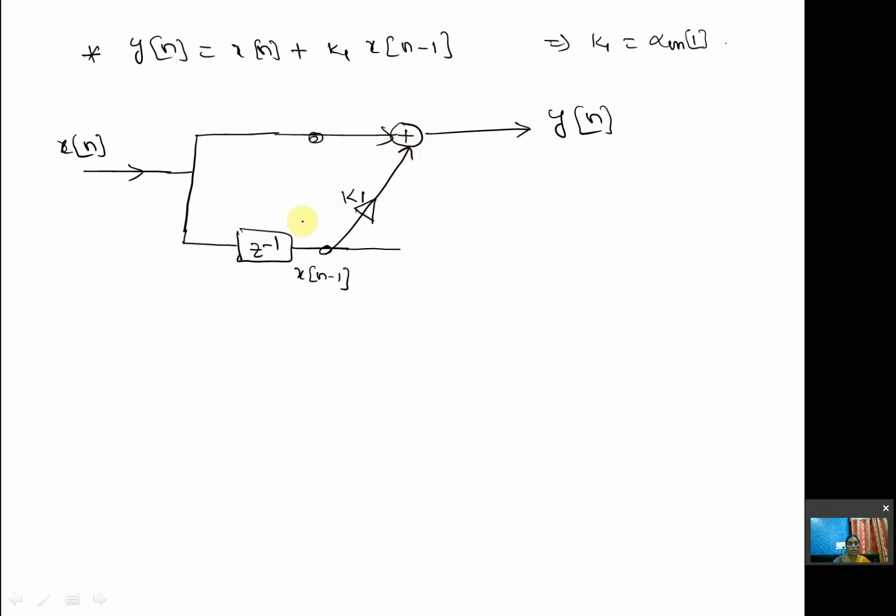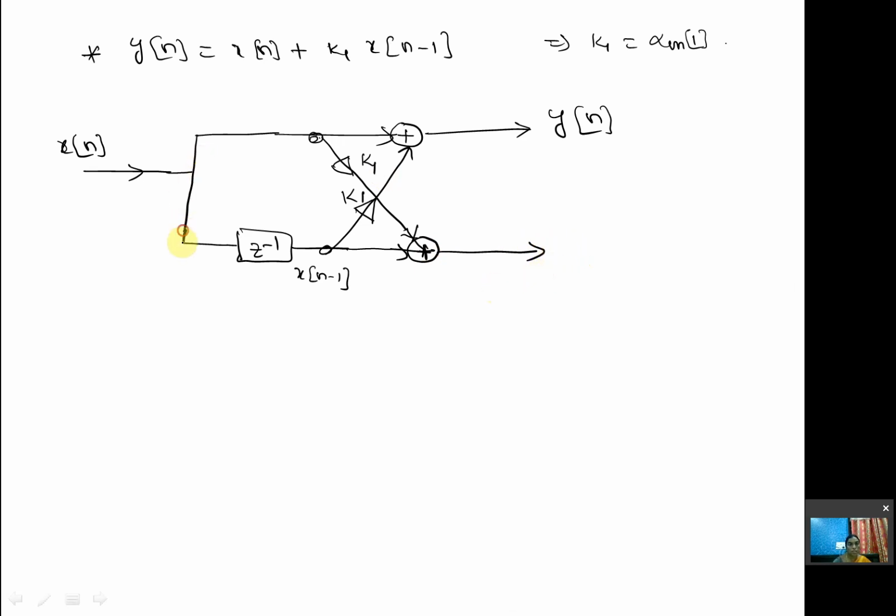First order filter. Okay. And now here, use the same structure to develop further, higher order filter lattice structures. That is the benefit here, that is the advantage here.